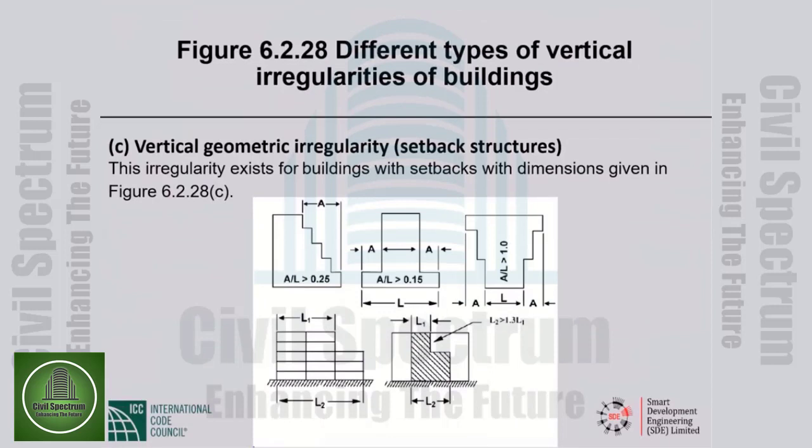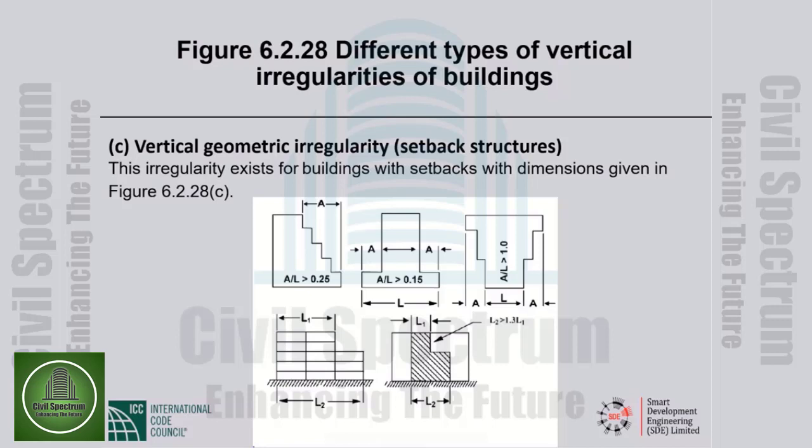Okay? This is a definition that BNBC has altered. It has changed the definition. In BNBC 2020, the vertical type 3, the vertical geometric irregularity is defined as this irregularity exists for buildings with setbacks with dimensions given in the figure that you see in the picture.